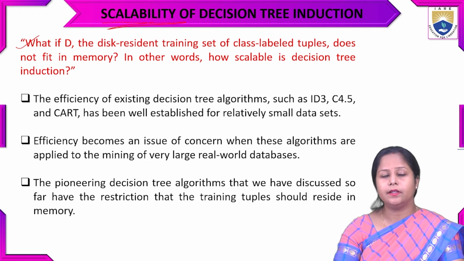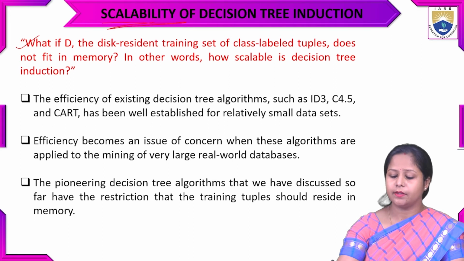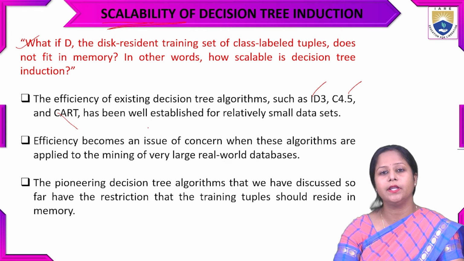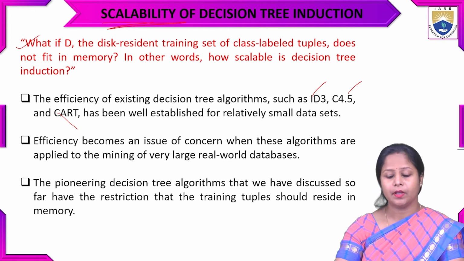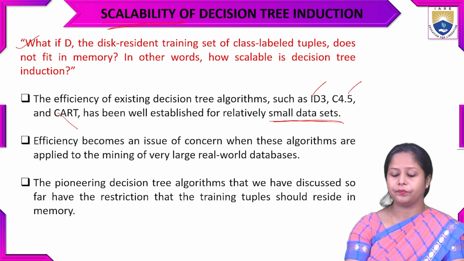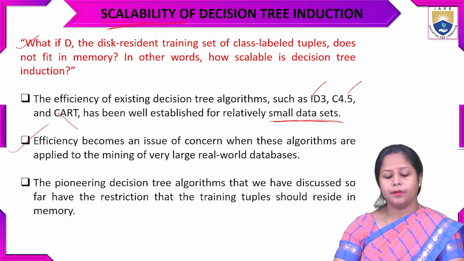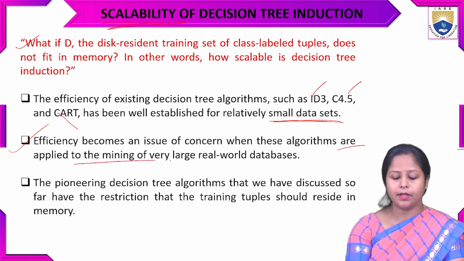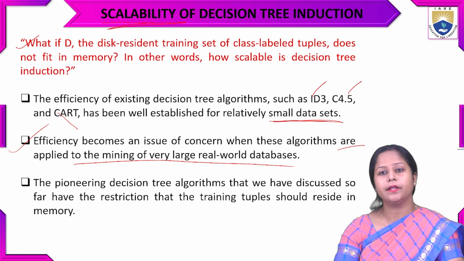The efficiency of the existing decision tree algorithms, such as ID3, C4.5 and CART, has been well established for relatively small sets of data. Efficiency becomes an issue of concern when these algorithms are applied to the mining of very large real world databases.